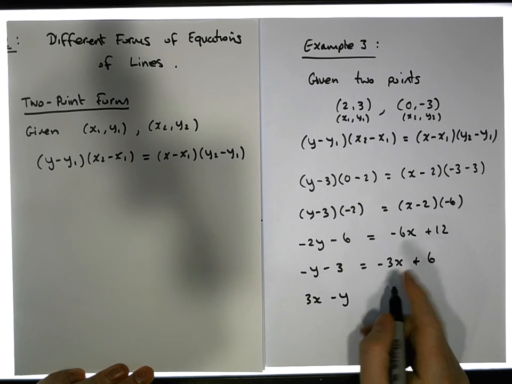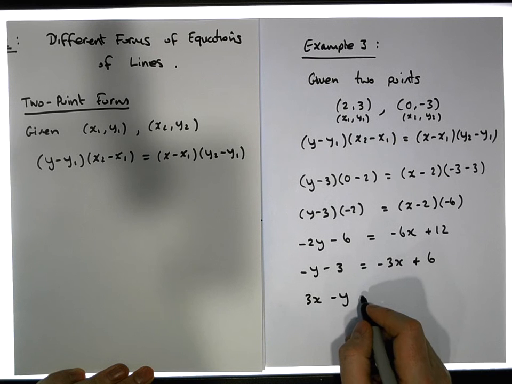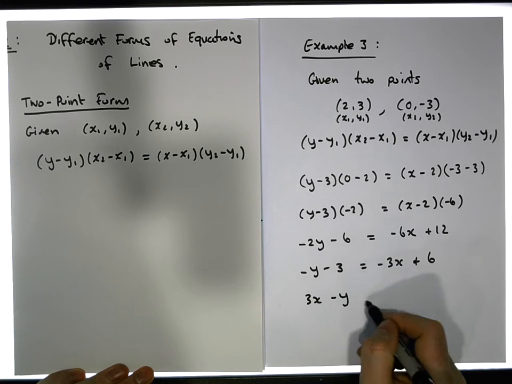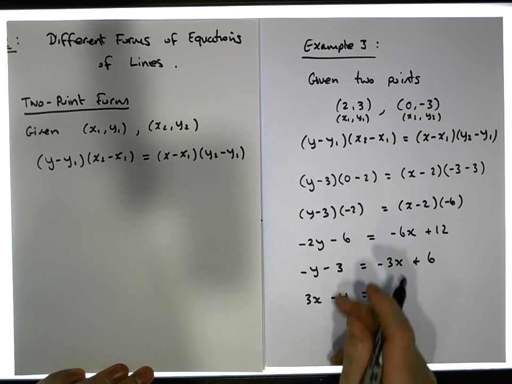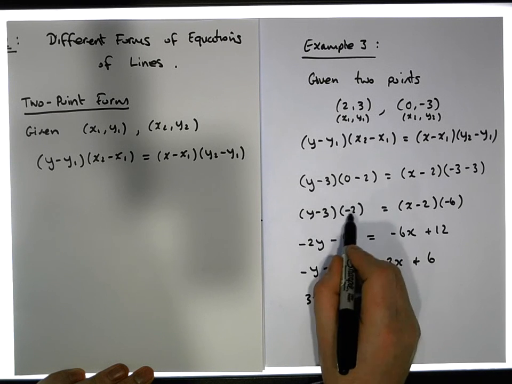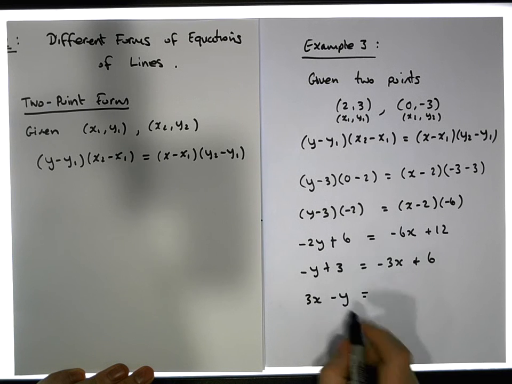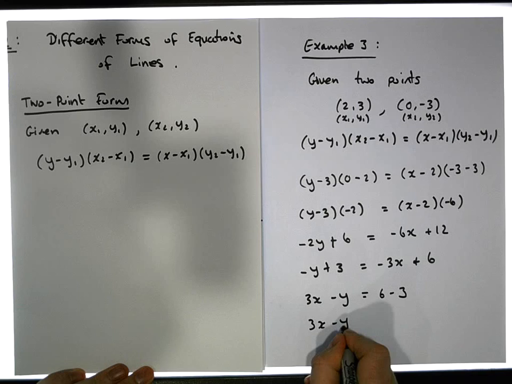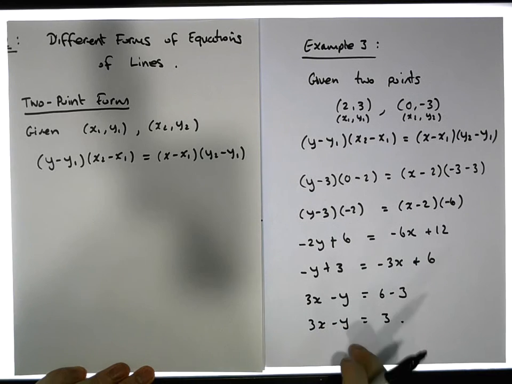Bring the constant over. That's a minus times a minus, so 3 times 2 is 6, minus times minus is a plus 3. So when we bring it over, it becomes 6 minus 3. So we end up with 3x minus y is equal to 3, which is the same line that we had earlier on.